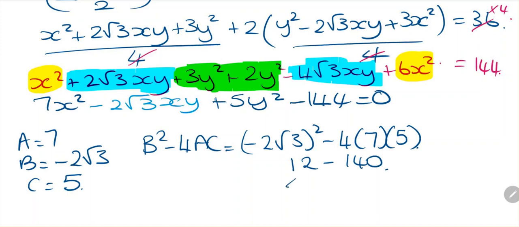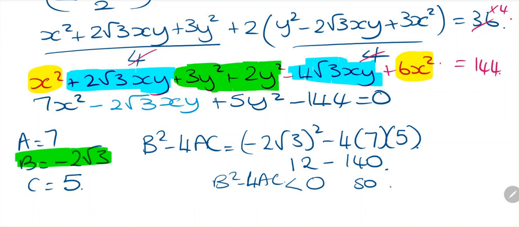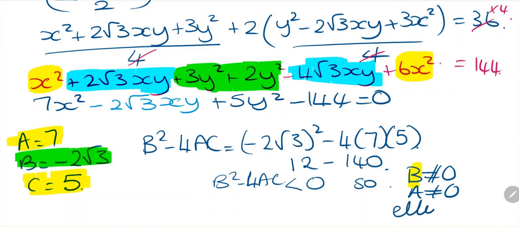So we can say that it is less than 0. So it's either going to be a circle or an ellipse. If b is not equal to 0, and a is not equal to c, we know it is an ellipse.